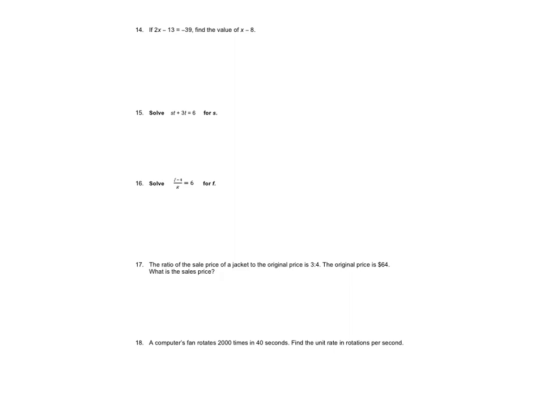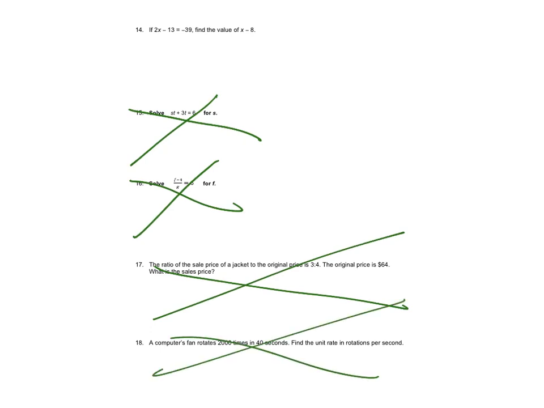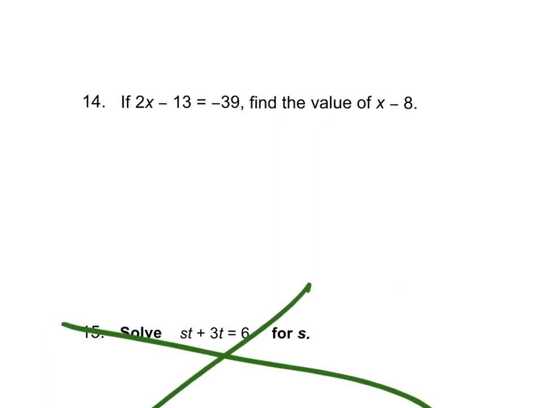Great. I want to make sure you realize that for the last couple of pages, please know and please pay attention so that you don't have these questions. You do not have to worry about 15, 16, 17, or 18, because on the small little quiz that you have tomorrow, it's number 14. If 2x minus 13 equals negative 39, find the value of x minus 8.